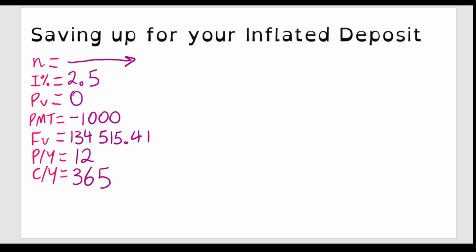If we go again into the graphics calculator, we don't know N, FV is changing to the value that we've got there, and what we get is 118.47 months. Now again, notice that usually if we had this number and I said round it to the closest month, you would actually round this down. But if we rounded it down, we wouldn't actually have the full amount of money required.